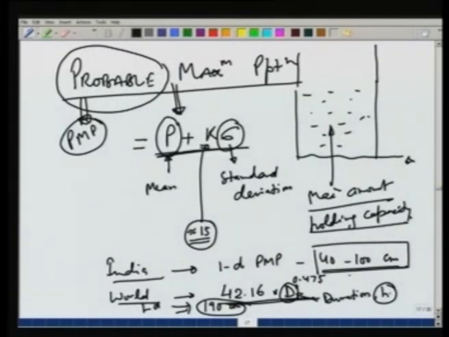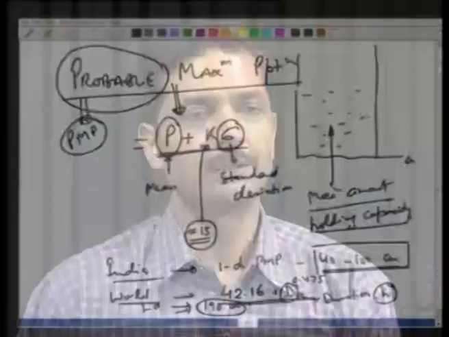So, in today's lecture, we have seen some of the ways of analyzing the data which is collected from the rain gauges. The data from the rain gauges can be recorded continuously, or it can be recorded on a daily basis. The data can be analyzed to find if there is any missing data or inconsistent data, and that can be corrected.